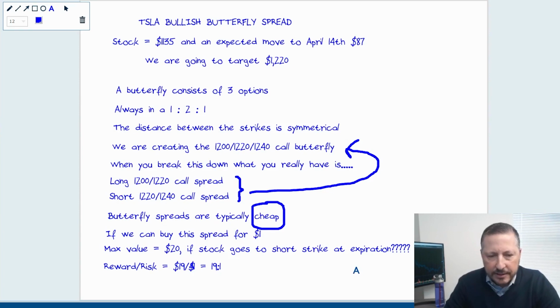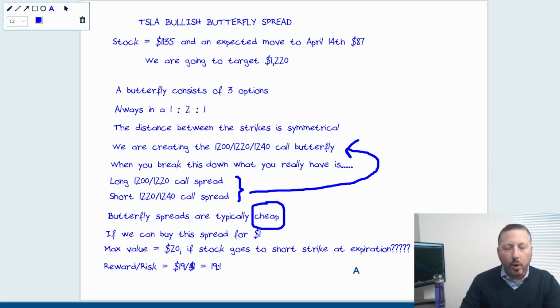Well, it tells us that the probabilities of that happening are pretty low, which is why I said at the beginning of this conversation, this is kind of like hitting the bullseye or pinning the tail on the donkey. That's the way that butterfly spreads work, and that's a reason why traders love butterflies, because they're typically very cheap. They provide huge reward to risk, but they don't always come into play at that maximum gain.